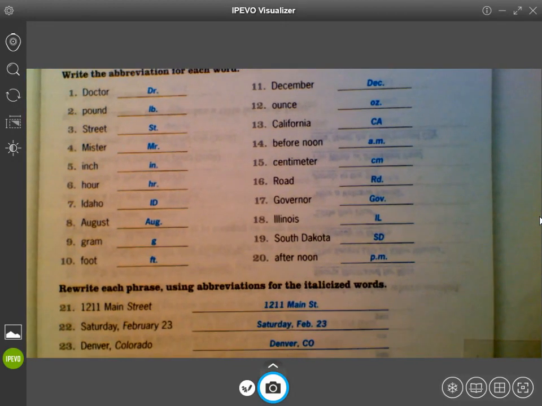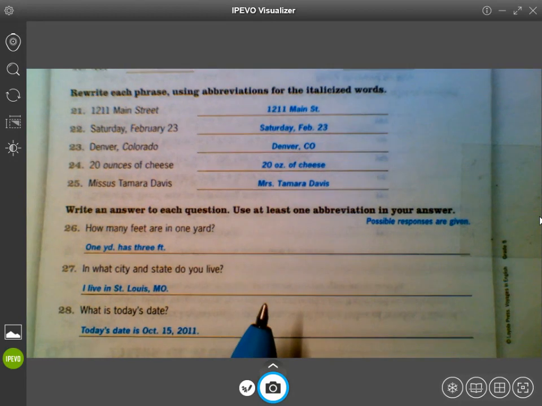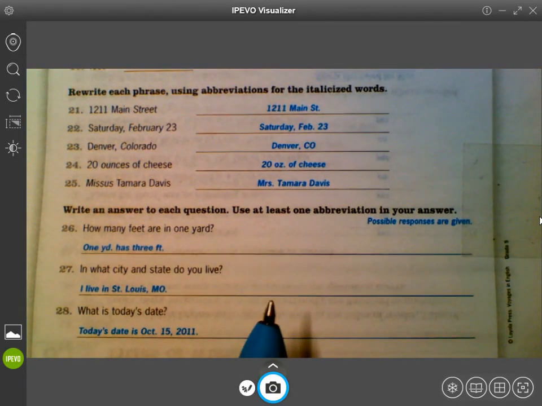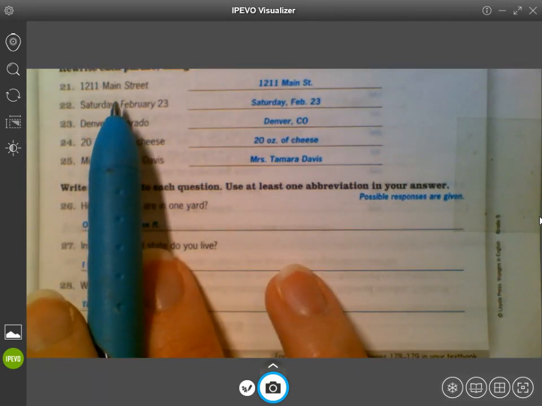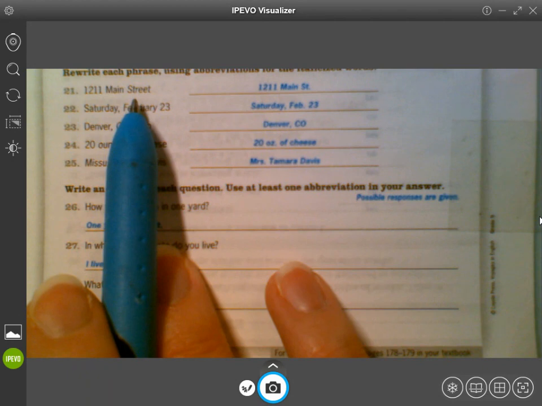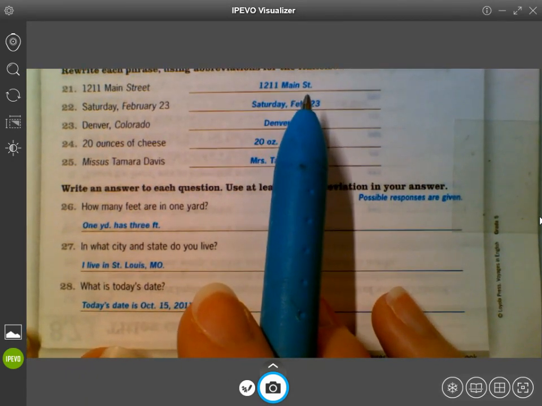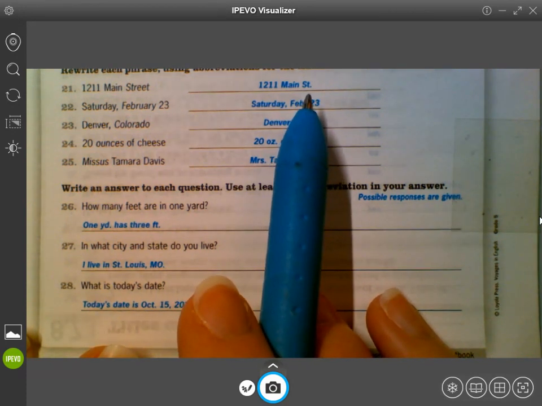Then for numbers 21 through 25, you're supposed to rewrite each phrase and use abbreviations for the italicized words. So, number 21 is an address, 1211 Main Street. And street is abbreviated, so you should have rewritten it as 1211 Main, and then street abbreviated as a capital S, lowercase t, and a period.